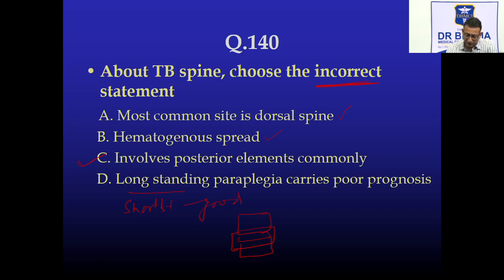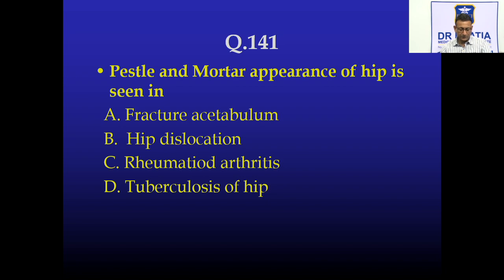So, this statement is also correct. So, the only incorrect statement in this question is the statement C, which says that it involves the posterior elements commonly. No, it does not involve the posterior elements commonly, it involves mostly the vertebral bodies and it is mainly paradiscal type of involvement. Okay. So, let us move on to the next question.